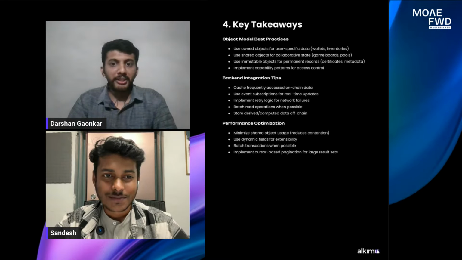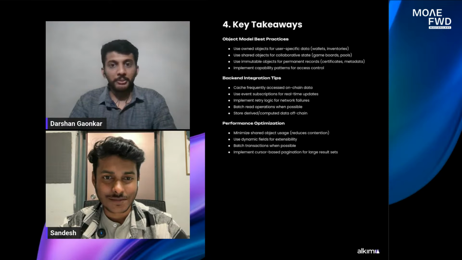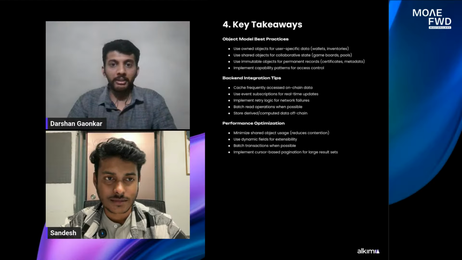So for this, you need to know how to maintain your capabilities and access control. When it comes to the backend integration tips, suppose you are frequently calling some immutable object, you don't need to call it every time, we can store it and reuse it.